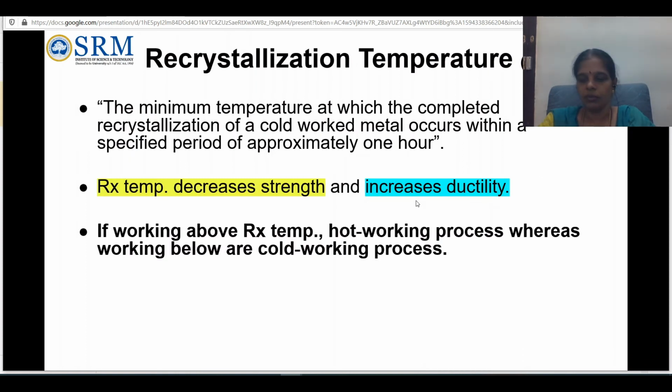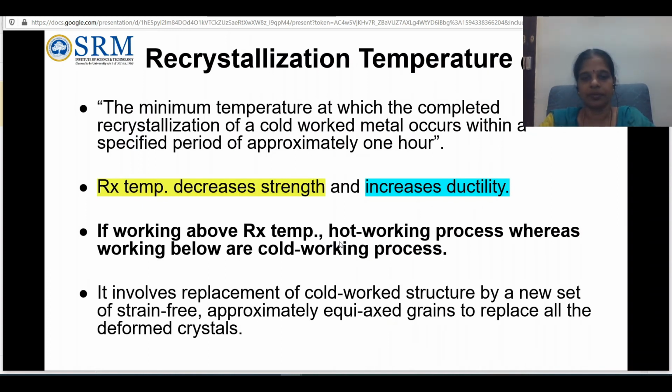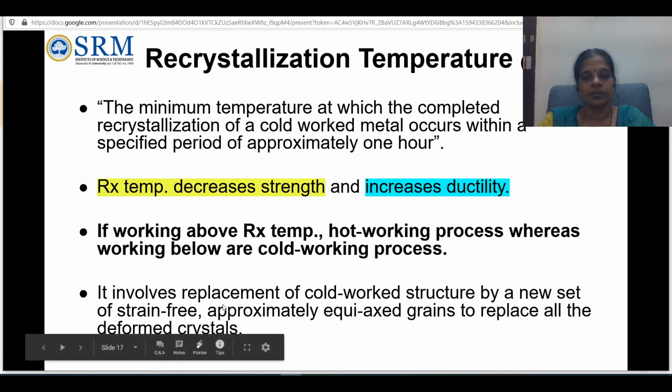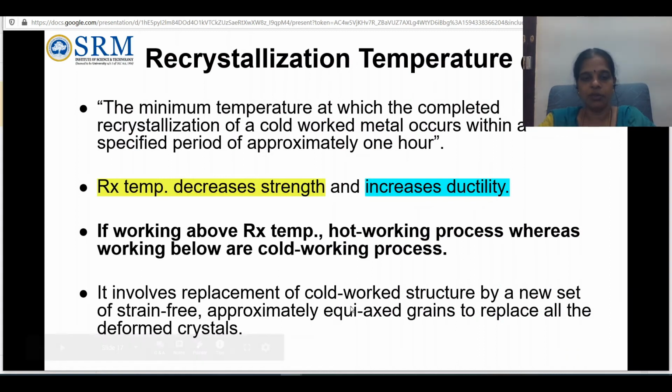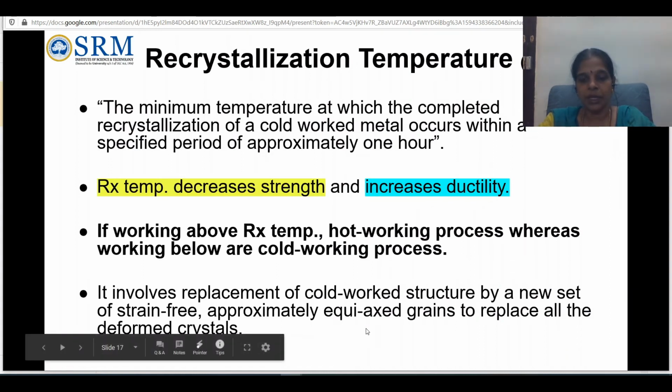So if you are working above the recrystallization temperature, we call it a hot working process. When you are working on the metal below the recrystallization temperature, we call it a cold working process. It involves the replacement of the cold work structure by a new set of strain-free, approximately equiaxial grains to replace all deformed crystals.